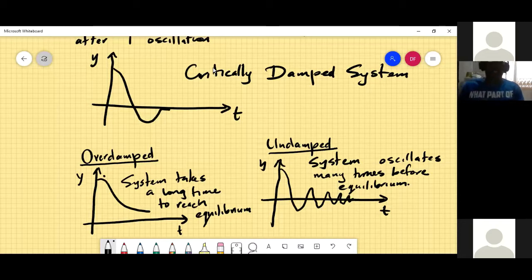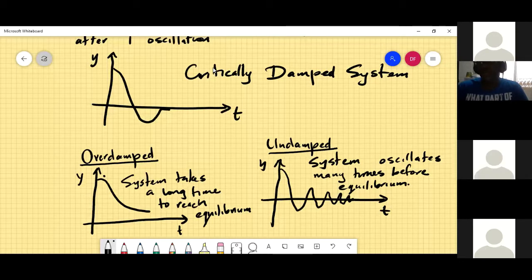Two good examples of systems that have to be critically damped: you can buy your Audi. Q8, sir. Right.